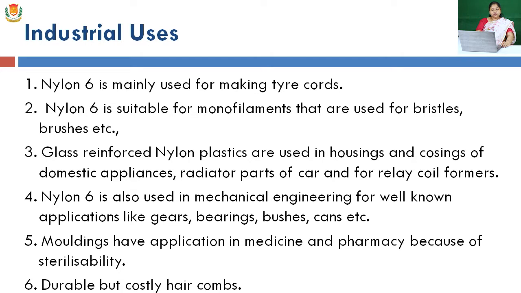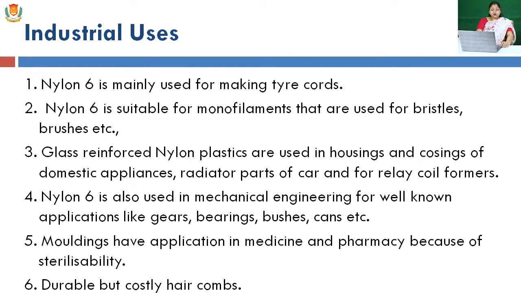Nylon 6 is suitable for monofilaments that are used for bristles and brushes manufacturing. Nylon plastics are used in housing and casting domestic appliances, radiator parts of cars and relay coil formers.